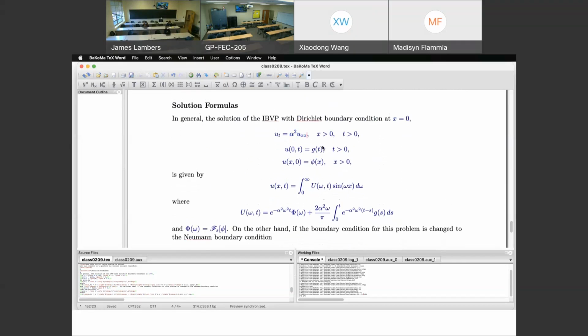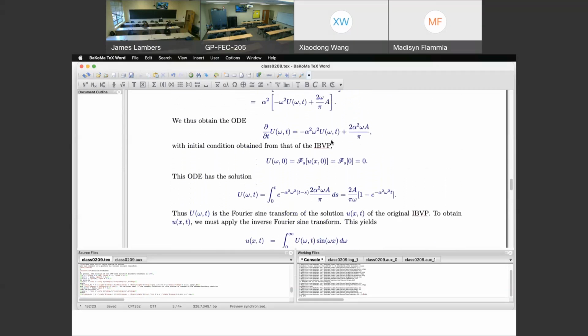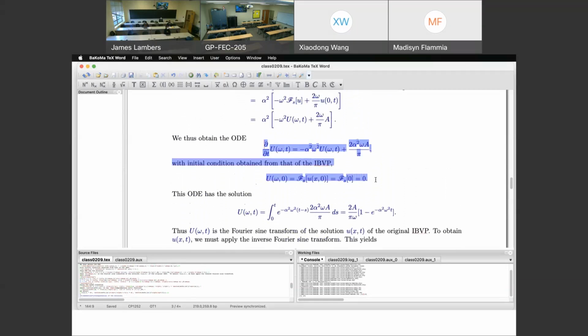So when you get to your ODE right here, you're going to have an additional term like another constant times u. That's modifying the solution formula a little bit. So changes in the PDE end up complicating the ODE that you're solving.